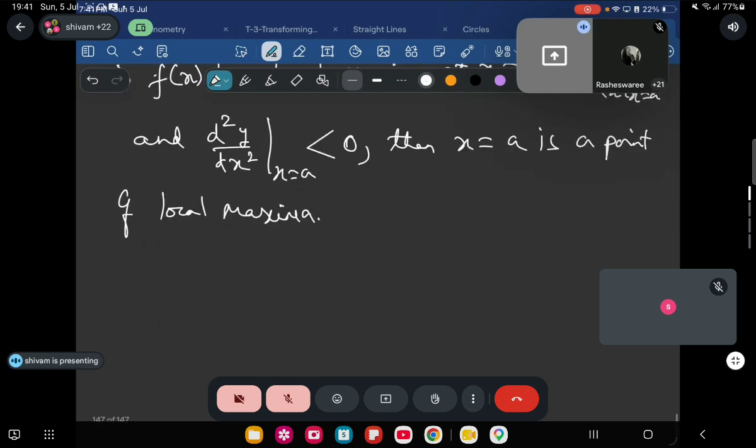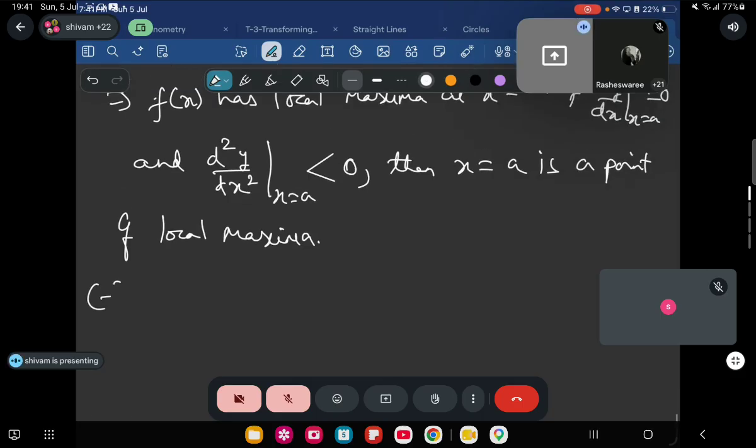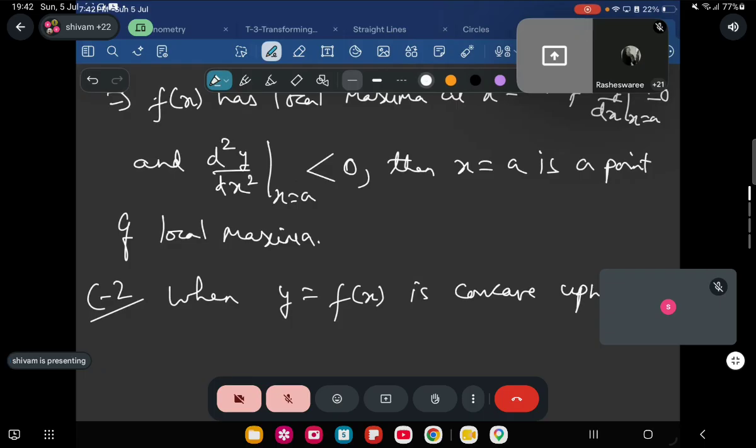And the opposite thing is going to happen in case of local minima. Tell me. Case 2. When y is equal to f of x is concave upwards. In this case, what will happen, everyone?